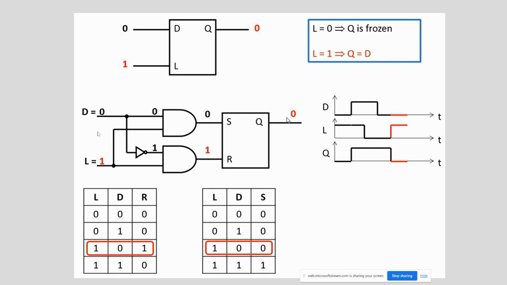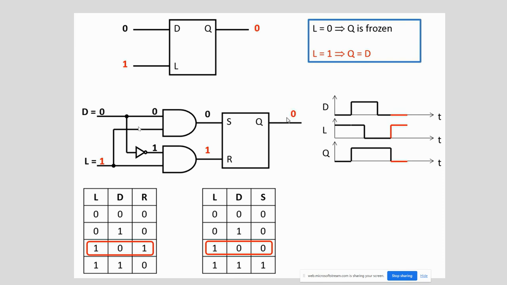So we have D is 0, L is 1 this time. So I know now Q is going to equal D. So let's have a look. I have L is 1, as you can see in the first truth table. D is 0. So when we have 0 coming in, it's 1 and 0. And then here when we have 1 and 1, we know it is 1. So my R here is 1.